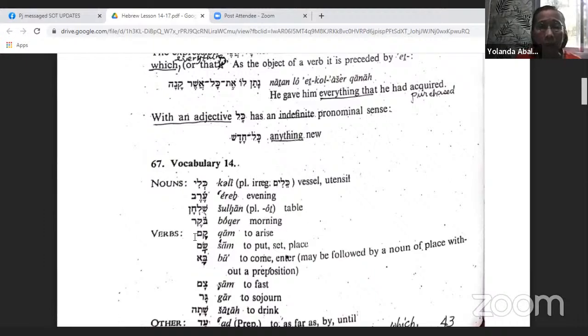And the word qam, that means he arose. And the word sam, remember, this is not shin, this is sin. The sin is S. It has qamets as A, and the final mem. So that is sam. That's not sham.